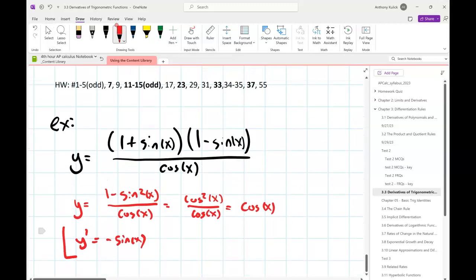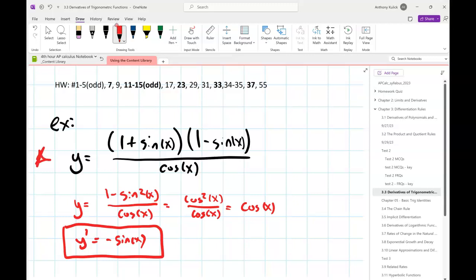So keep in mind, as you're going through this section, your trig identities are your friends. They can often take a really yucky problem and turn it into something that's really trivially doable. The calculus is trivial if you're able to simplify it effectively.